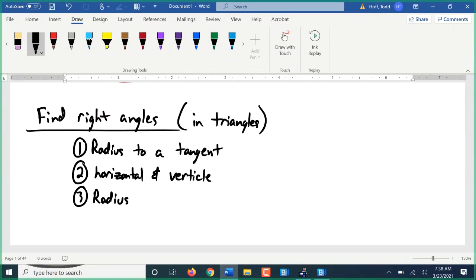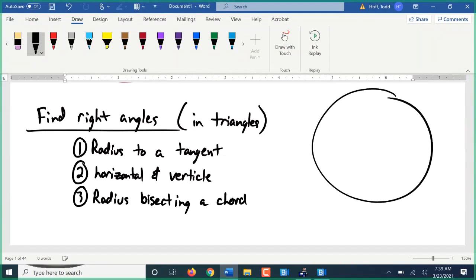It has to intersect it such that it bisects a chord. Remember, a chord is just any segment that has its endpoints on the circle. If we're drawing our radius so that it cuts that chord in half, it also is going to hit that chord at a right angle. And as we go, there will be other strategies, but these are the three main ones that help us find right angles in our drawing.